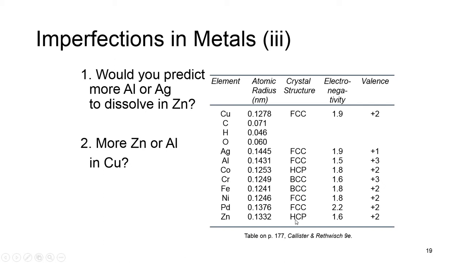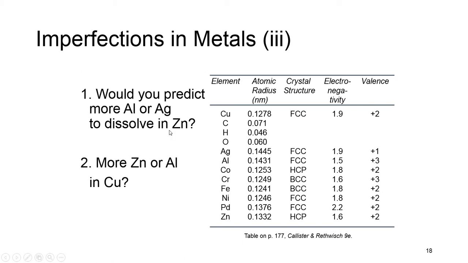Zinc has a different one. Their electronegativities are 1.6, 1.9 and 1.5. So aluminium is more probable to dissolve in zinc than silver. We can predict aluminium will dissolve in zinc due to the closer value of electronegativity.